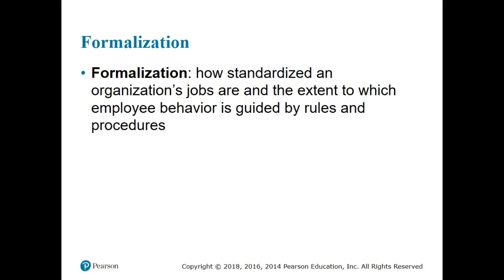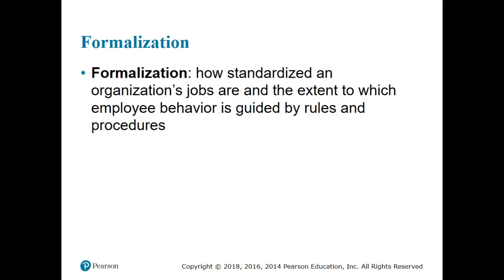So formalization is how standardized an organization's jobs are and the extent to which employee behavior is guided by rules and procedures. In highly formalized organizations, there's an explicit job description, numerous organizational rules, and clearly defined procedures covering work processes.